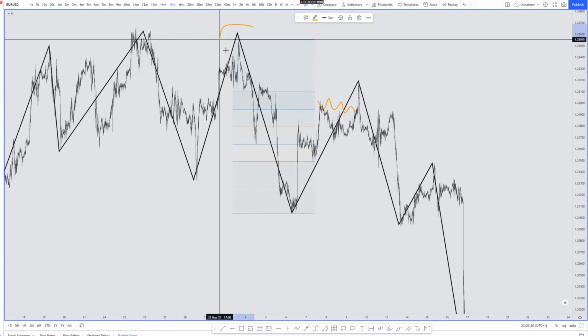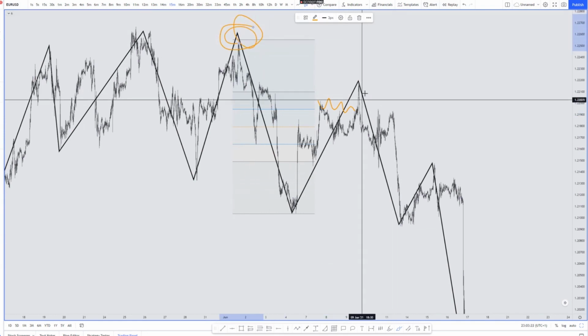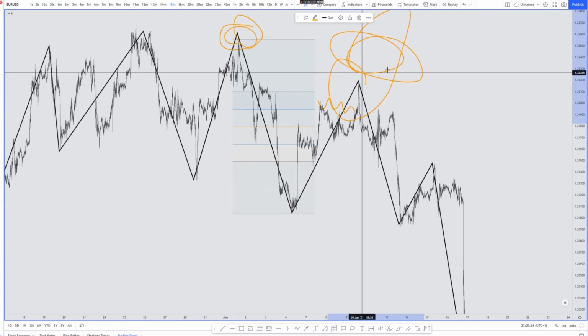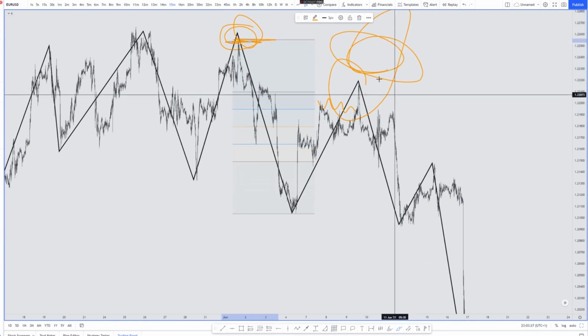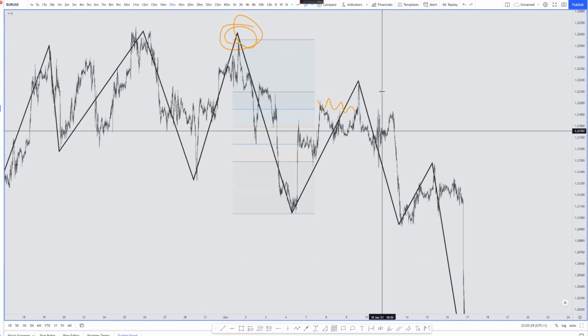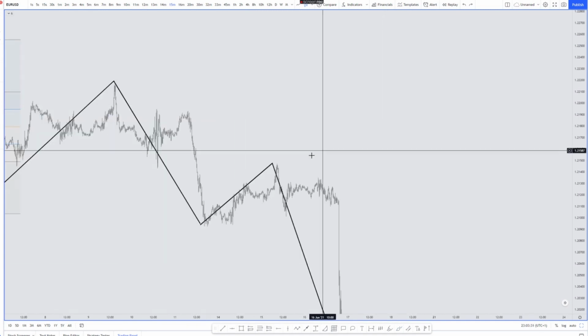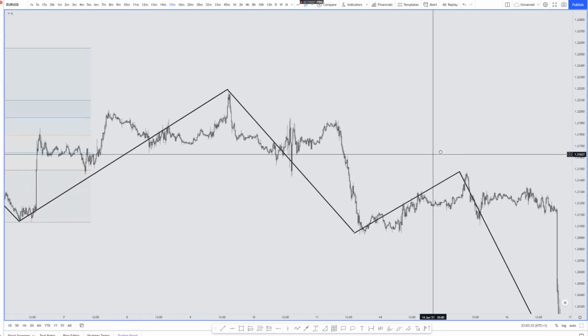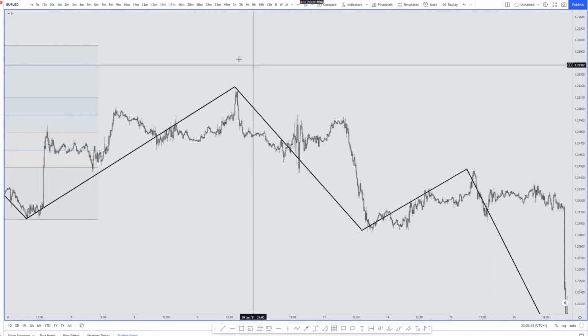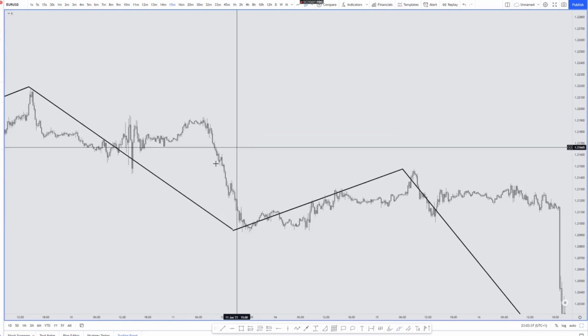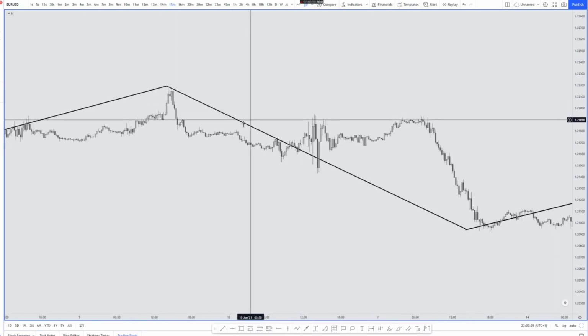And our expectation is this high is going to stay intact. Something somewhere in here, lower than this point, is going to show us that it wants to continue down. So in this case, we end up taking all the liquidity here and we aggressively again come down.